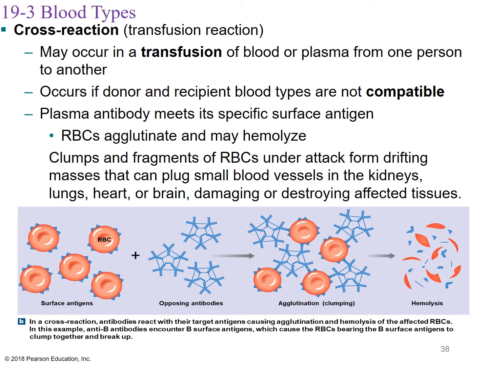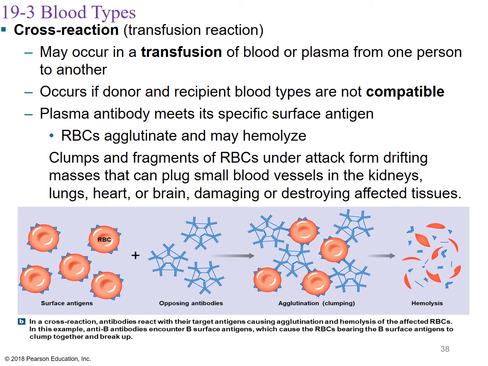So the plasma antibody will meet its specific surface antigen, and if it is not compatible, then those red blood cells will agglutinate or clump, and then they can break apart, as you see in the picture there.